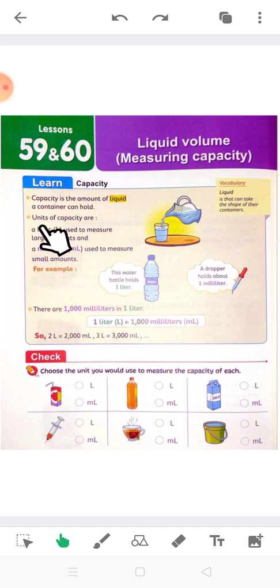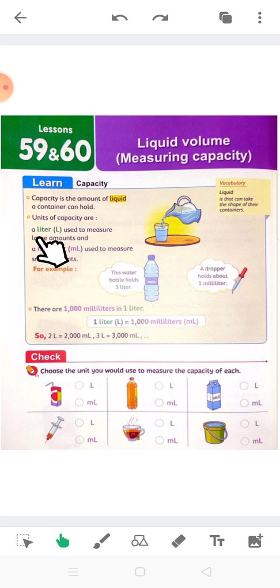Okay? Units of capacity are a liter. We symbolize liter using the first letter, L. Liter. Okay? Used to measure large amounts. So large amounts, we measure by using a liter.